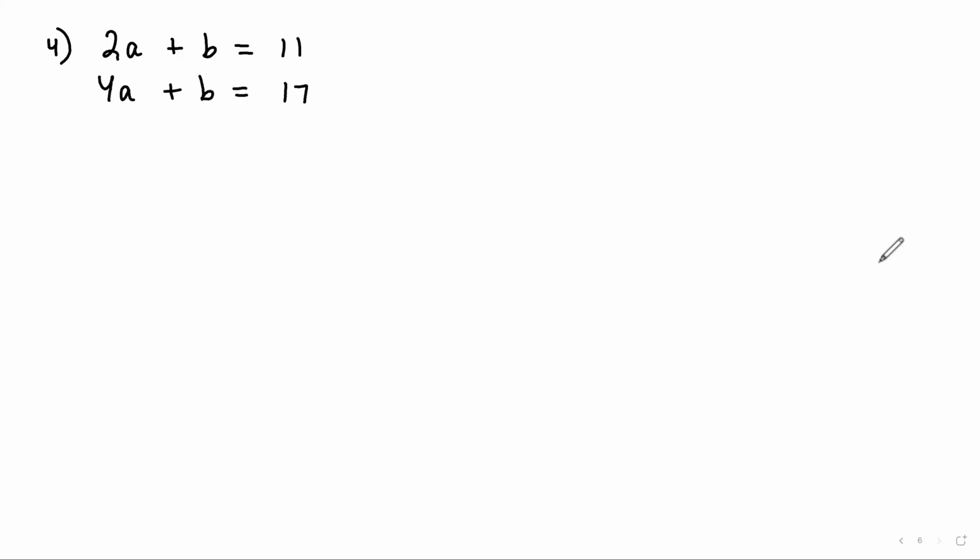Got it. So the first thing, we label our equations 1 and 2. And now we look to see which variable has the same coefficients. It is b, and it's the same sign. So we subtract the equations.